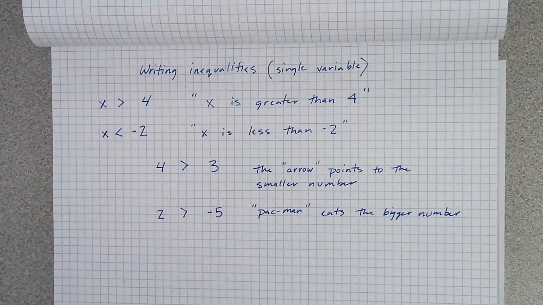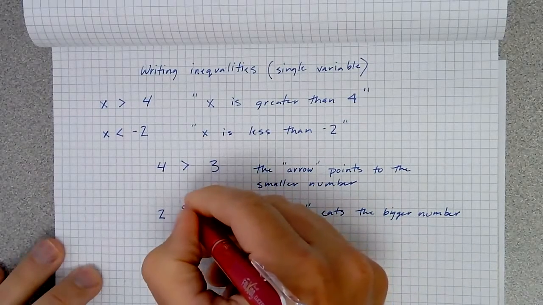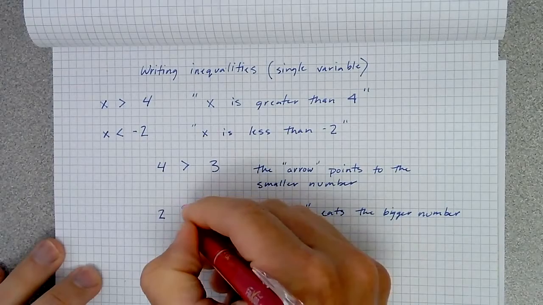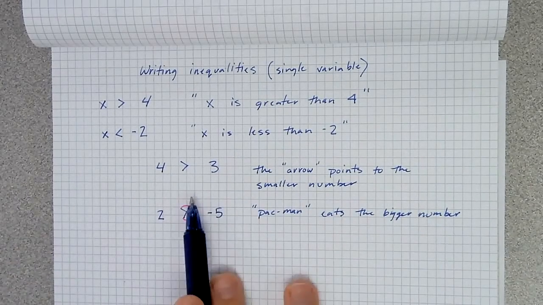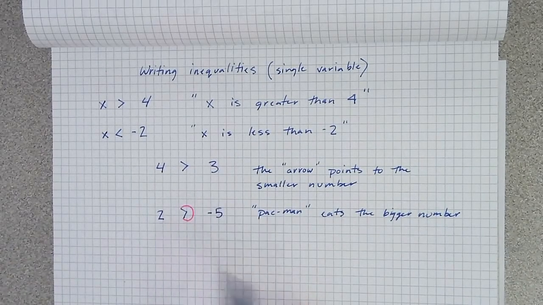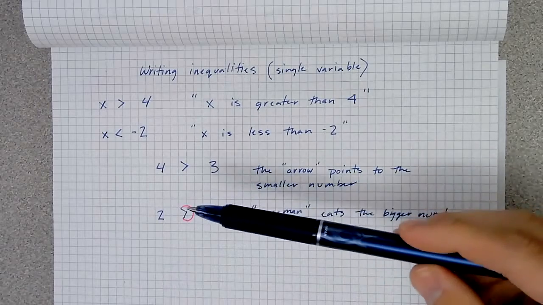Another way would be to turn the symbol into a Pac-Man type figure, and it eats the bigger number. Also seen people turn it into an alligator and give it teeth. Whatever helps you.